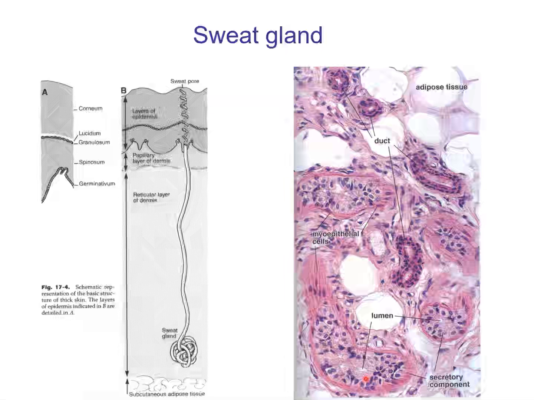See the lumen of the duct, and this is the lumen of the gland. The gland is lined by cuboidal epithelium, 2 layers of cuboidal epithelium. The duct is also lined by cuboidal epithelium, but duct cells are darker in stain than the glands. See the diameter of the glands and the diameter of the ducts.